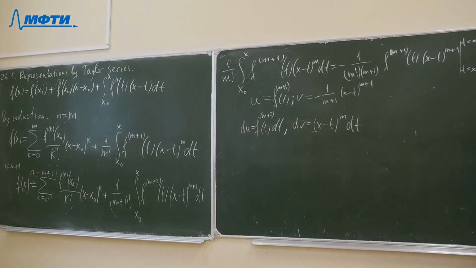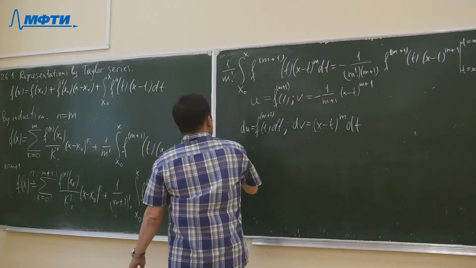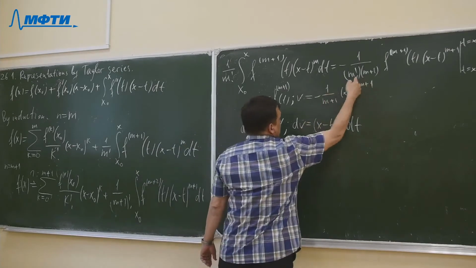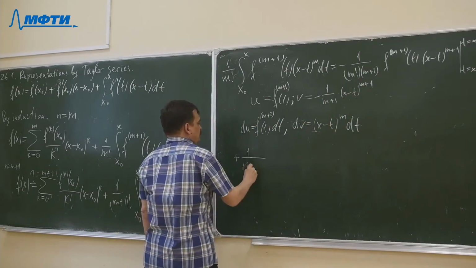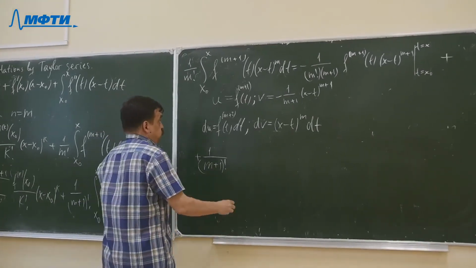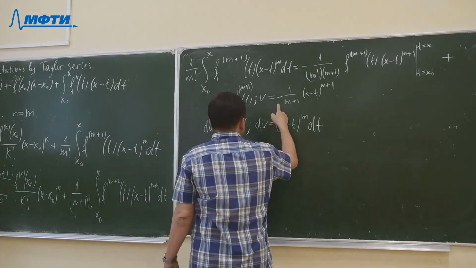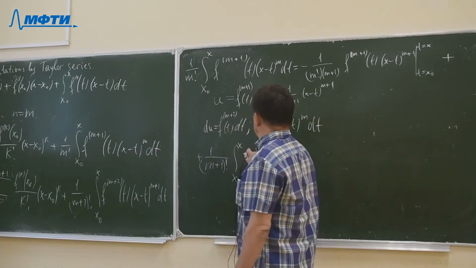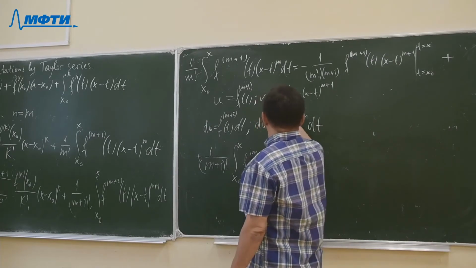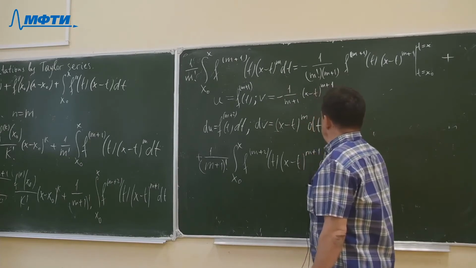Then, because of this minus, it becomes plus 1 over, what is the constant? The constant is precisely m plus 1 factorial. And the integral from x naught to x of v times du, so the derivative of order m plus 2 of t times x minus t to the power m plus 1 dt.